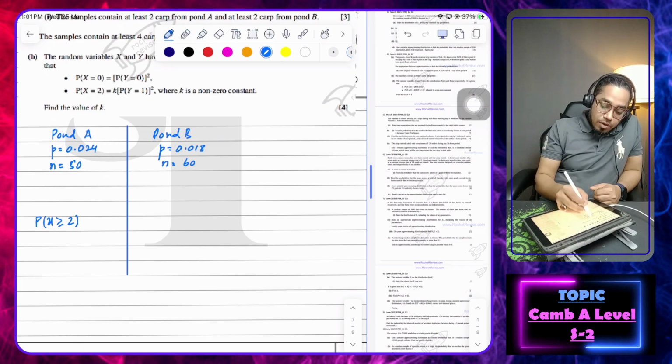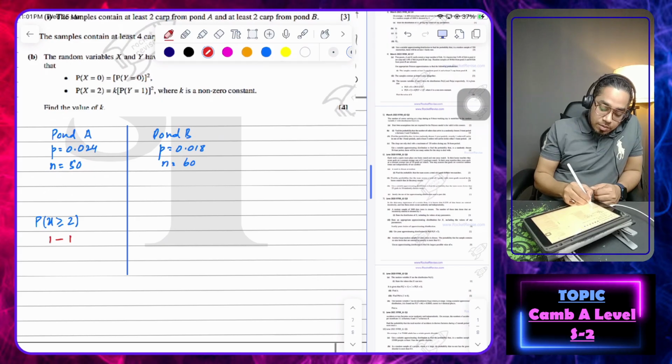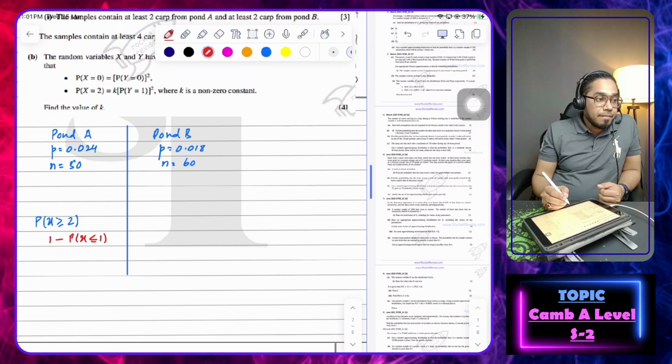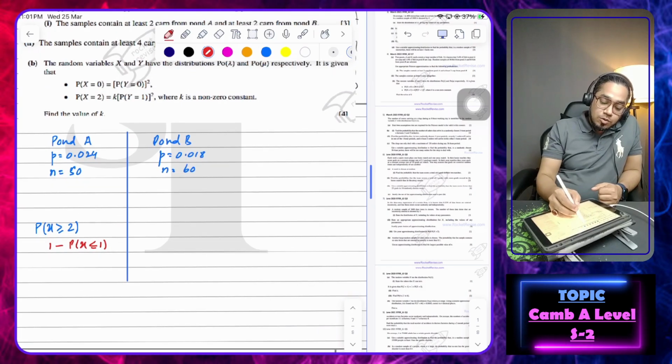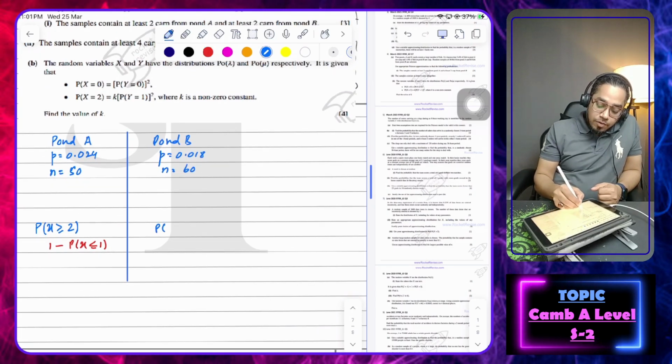So how can we calculate that? 1 minus the probability of x less than or equal to 1. Is that clear? And pond B is also the probability of x greater than or equal to 2, which is also 1 minus the probability of x less than or equal to 1.